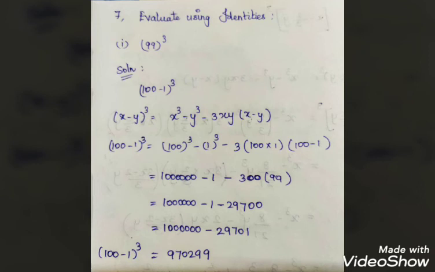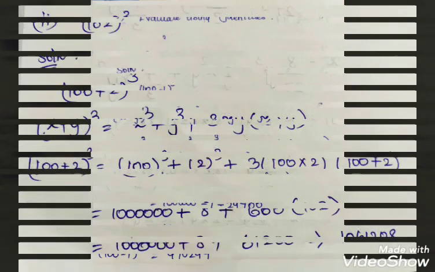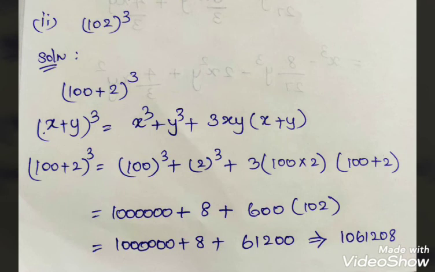X means 100, 100 cube minus y means 1, 1 cube minus 3 into 100 into 1 into (100 minus 1). So 100 cube, which means 6 zeros you have to put, minus 1 minus 300 into (100 minus 1), 99. Right? Then if we simplify, we are getting 970299. Is it clear? It's nothing but we are substituting the value of x and y.